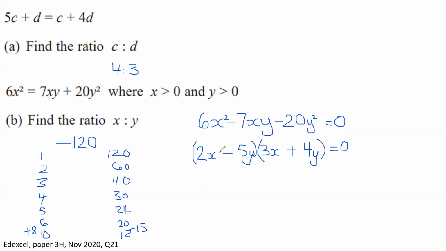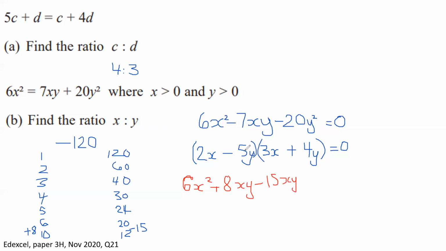So if we do 2x times 3x, we get 6x squared. Then if we do 2x times 4y, that gives us 8xy. Then if we do minus 5y times 3x, we get minus 15xy.